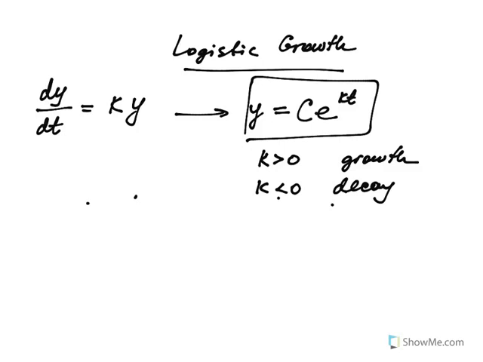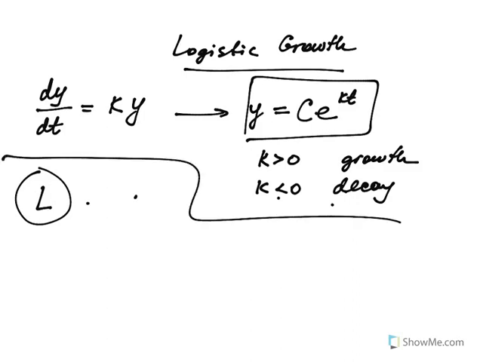However, in real populations, growth is not always unlimited, but may have an upper limit, so let's call it L, where population can no longer be sustained as time increases. This growth model is described by the logistic differential equation.